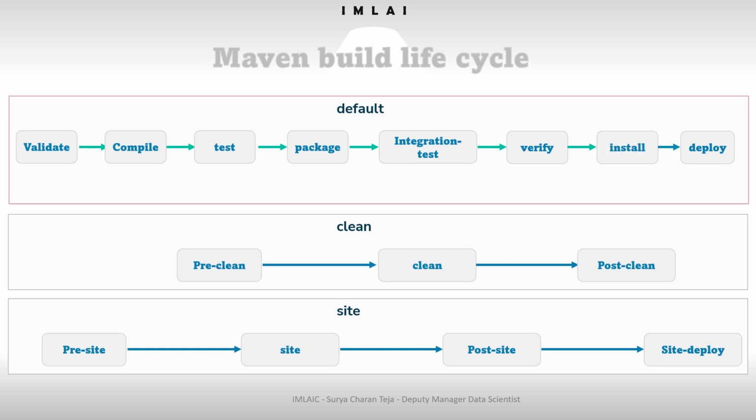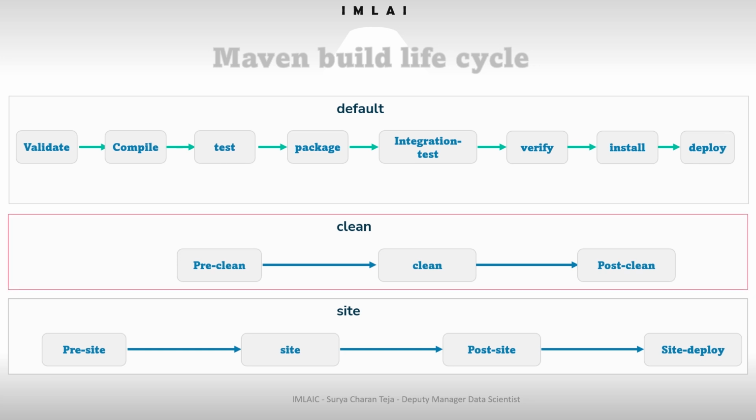Then we will look into the clean build life cycle. What does a clean build life cycle do? This build life cycle involves cleaning the project, as the name says. Why do you need to clean?